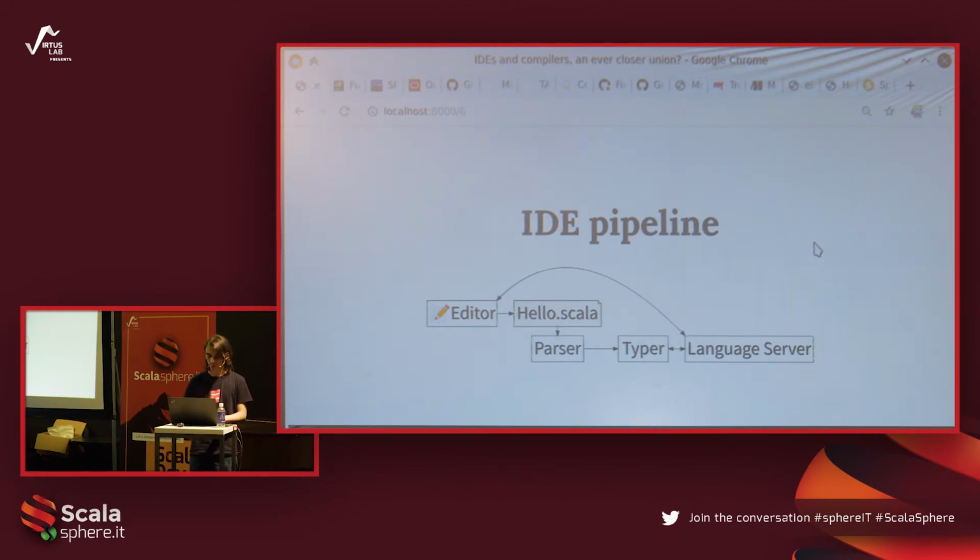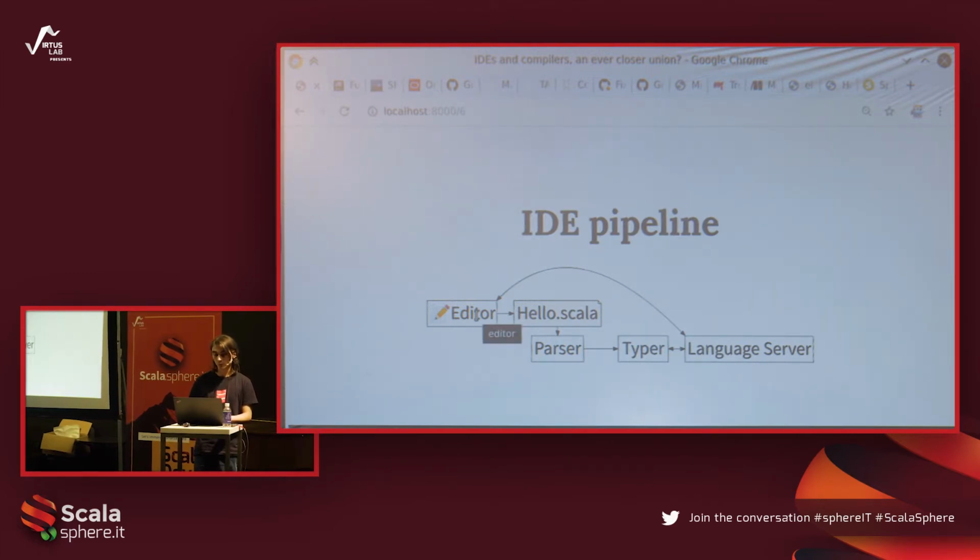One interesting thing here is that this arrow goes in both directions, because not only do you need to tell the language server about errors from the type checker, and then the language server tells the editor about errors, but you also need to be able to do things like go to definition, which involve the editor asking the language server, hey, can I go to the definition of this thing? And the language server then either has cached the information, or if it doesn't, it can ask the compiler, the type checker, where is the definition of that thing?